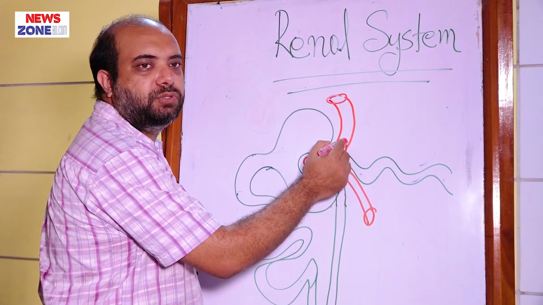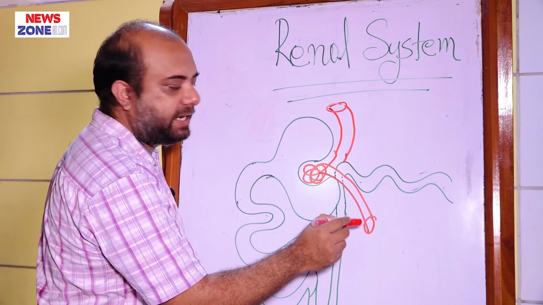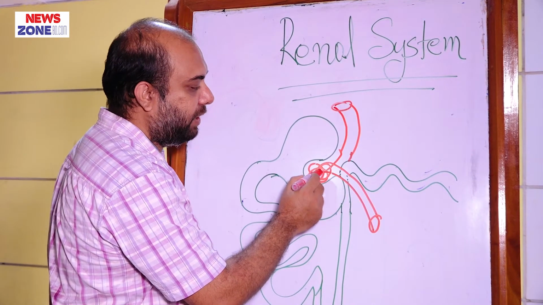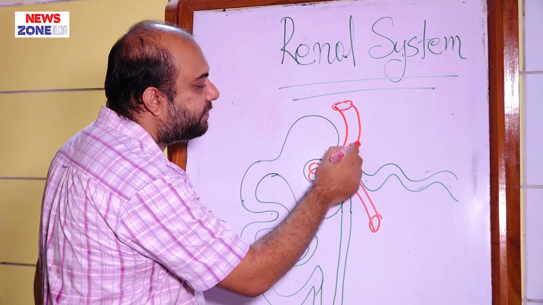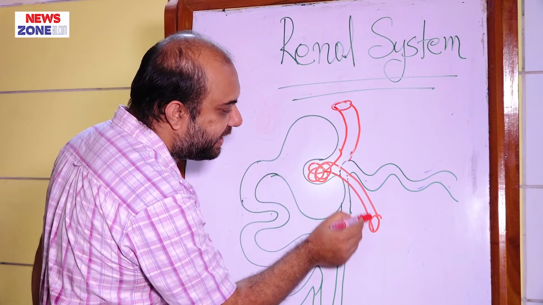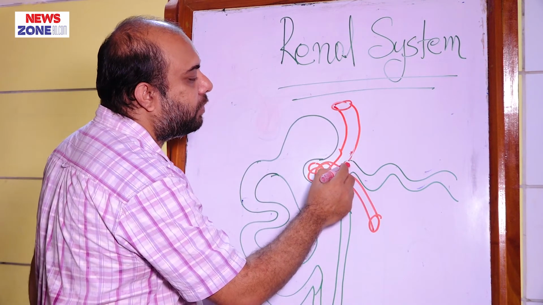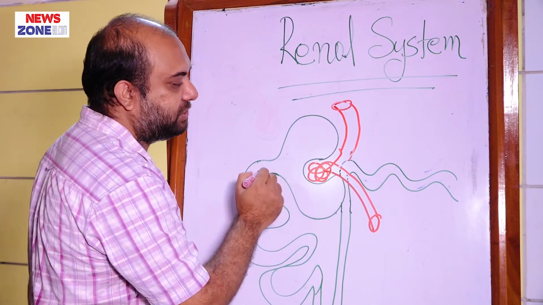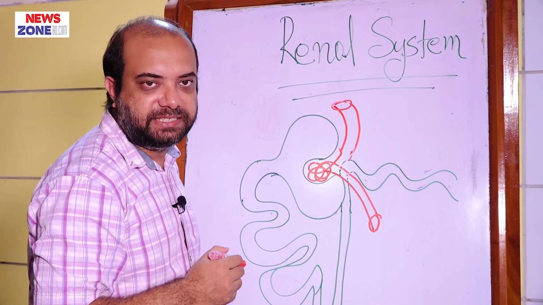This arteriole is known as afferent arteriole, and this one is efferent arteriole, and in between, the tuft of capillaries is known as glomerulus. And in close proximity of the afferent arteriole and efferent arteriole, there is a portion of distal convoluted tubule very closely, and this portion has the macula densa cells.